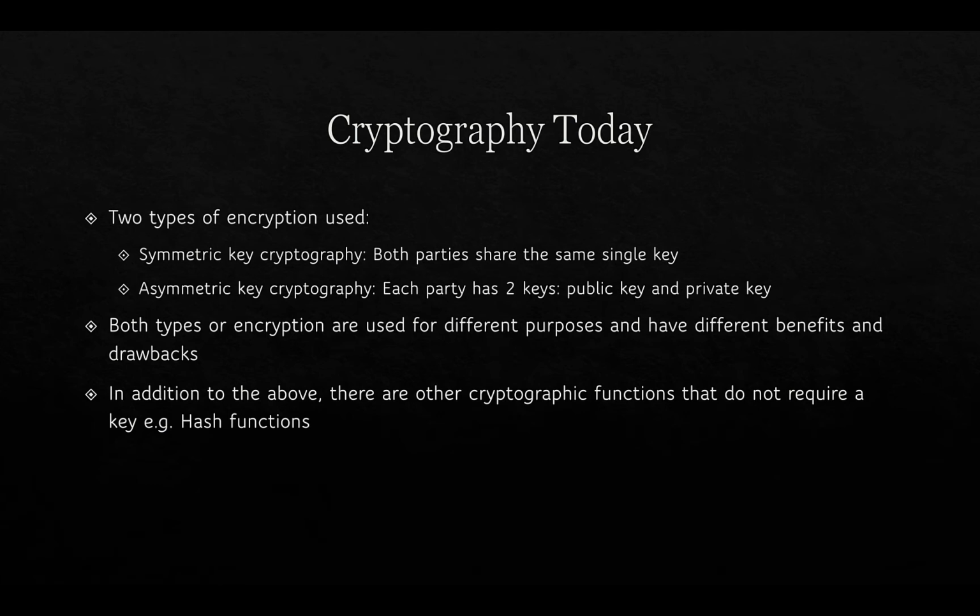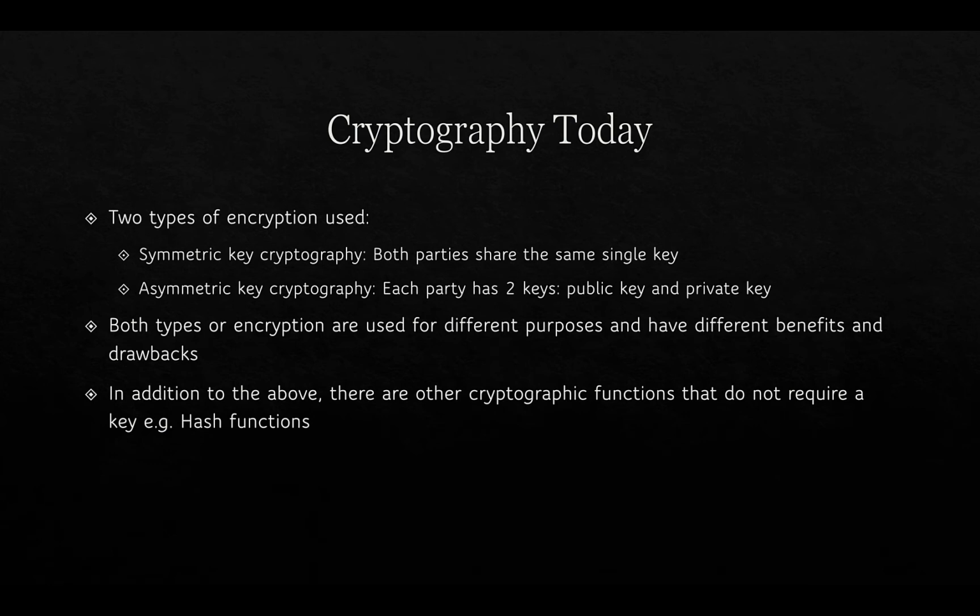In asymmetric key cryptography, each party actually has two keys, known as a public key and a private key. We'll go into the details of how those are used, but it's important at this point to remember the distinction between the two. Both types of encryption are used for different purposes, with different benefits and drawbacks.